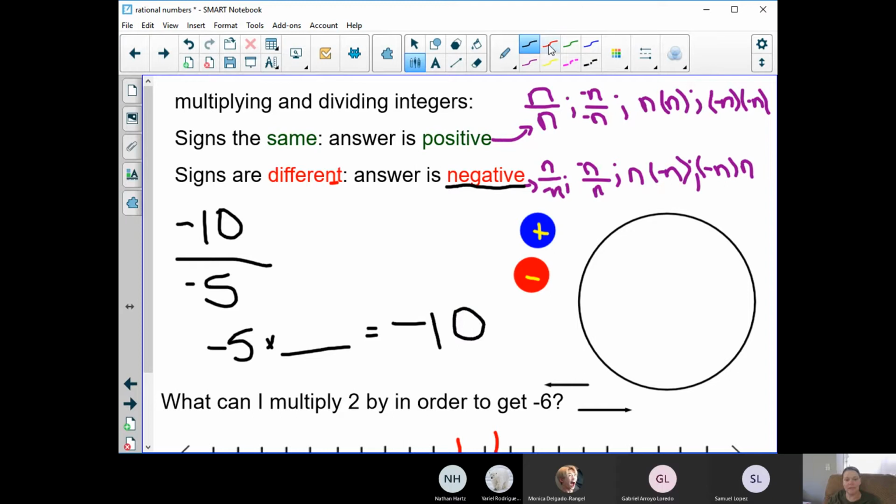And what can we multiply -5 by in order to get -10? Now remember, we have a negative and a negative, and 2 negatives are always a positive, okay? So our answer is going to be a +2. Questions about this one? Or about how to rewrite as a multiplication problem?